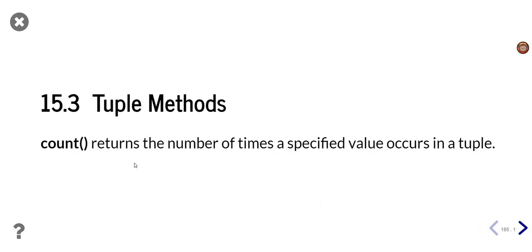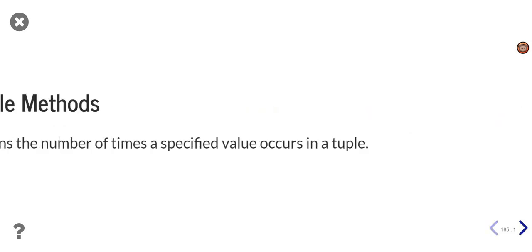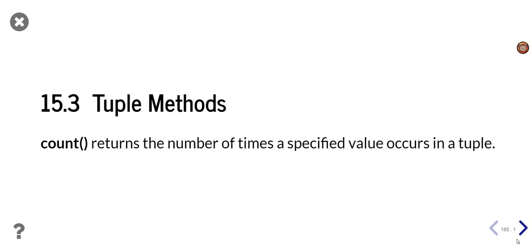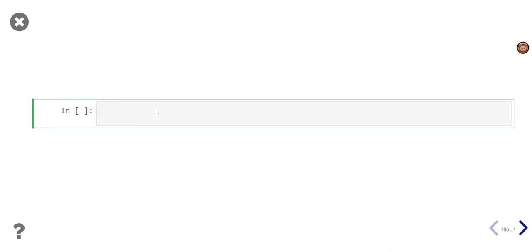So under the tuple methods, the count method returns the number of times a specified value occurs in a tuple. So count is actually quite a useful function also. So let's say, my tuple.